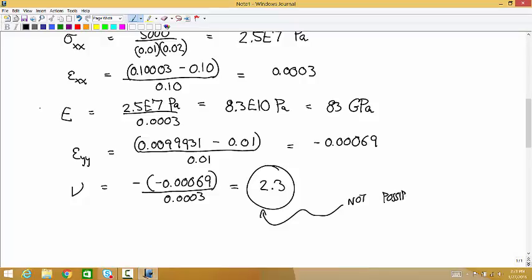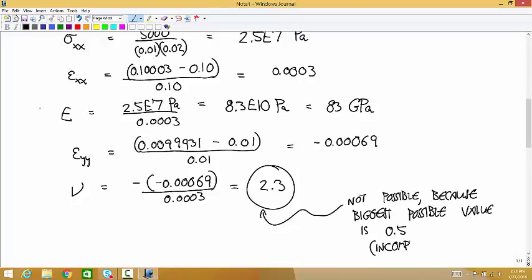That's not possible, because the biggest possible value of Poisson's ratio is 0.5. And that would be for an incompressible material. Incompressible doesn't mean you can't deform it. It means that when you compress it or stretch it, the volume doesn't change.